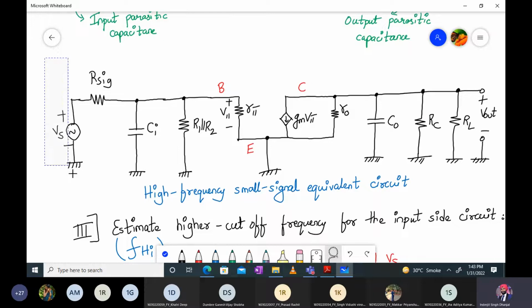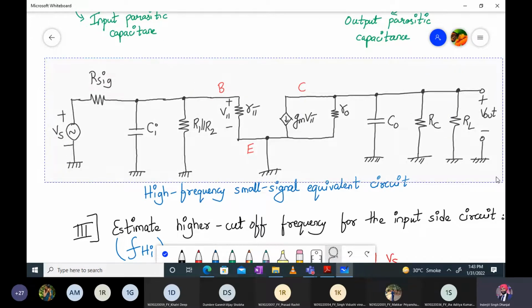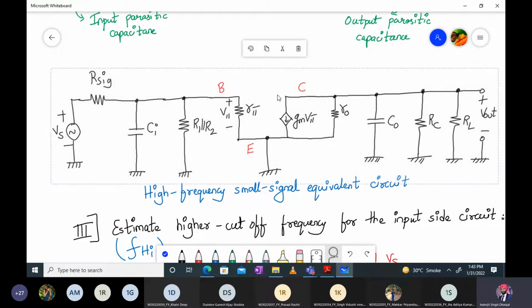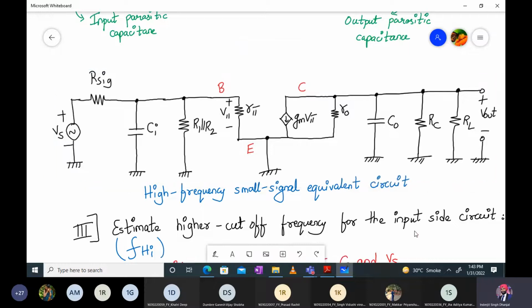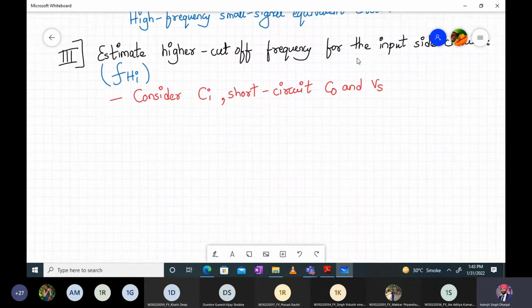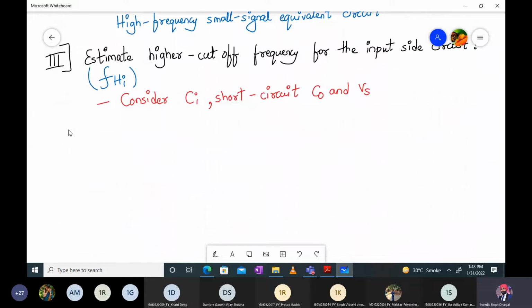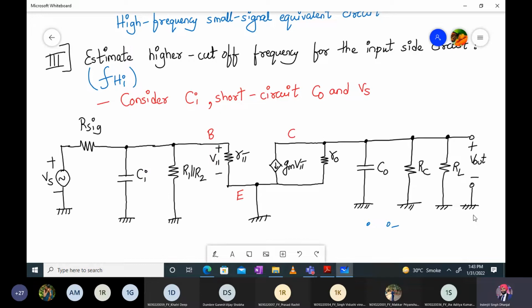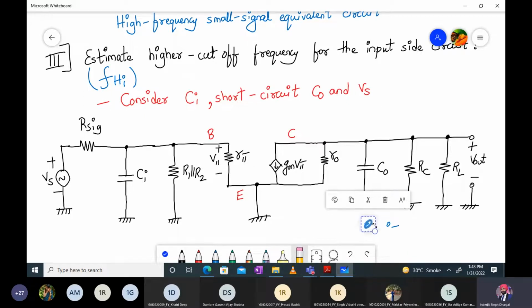Now let me copy this entire circuit again because I'll be requiring it in the next step. I'll add the entire circuit again over here, and then I'll apply this concept and find out the FHI. Right, so this was my circuit. Let me remove this part.